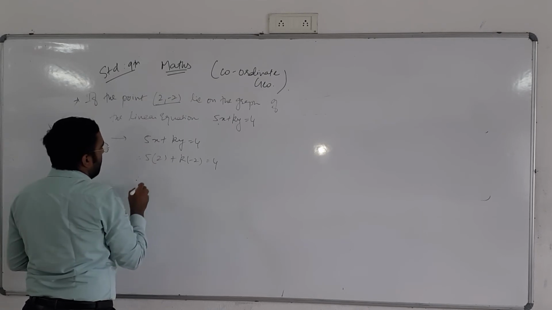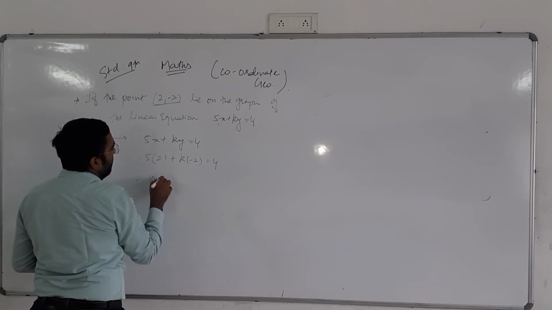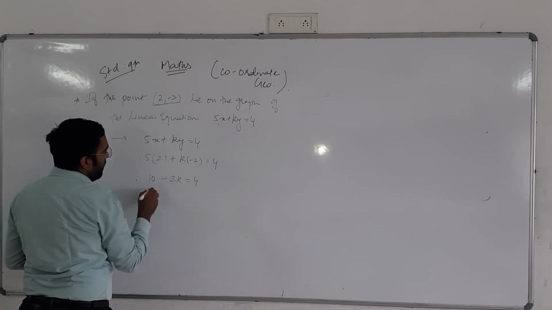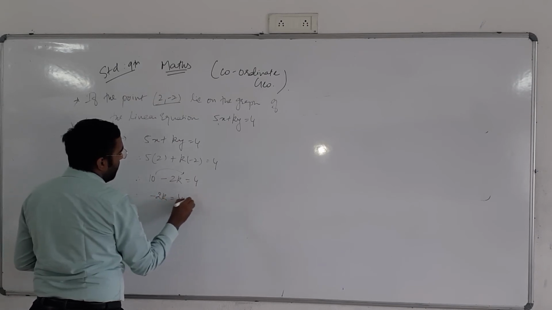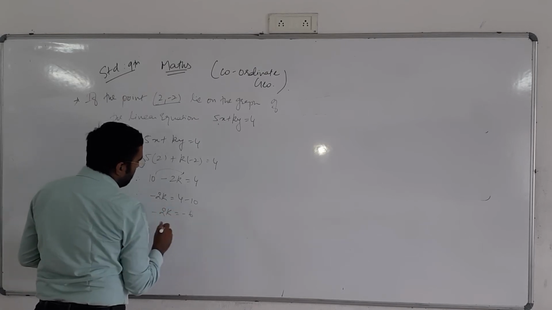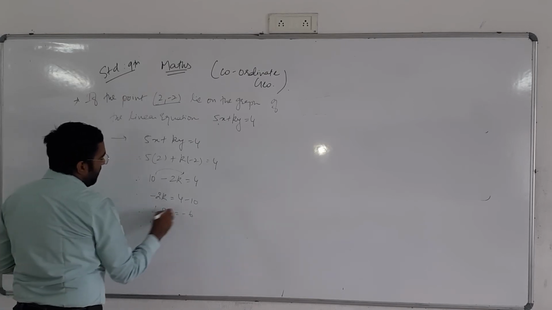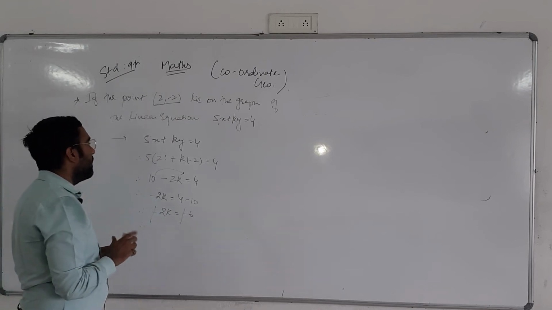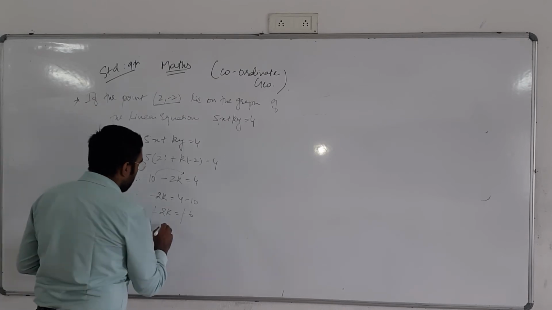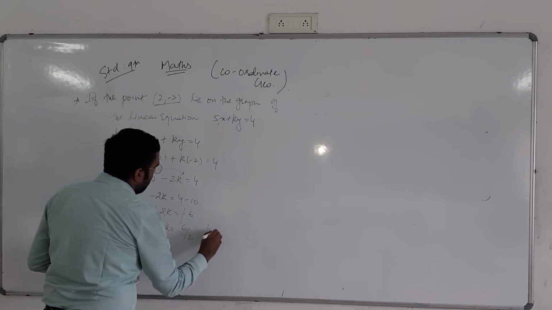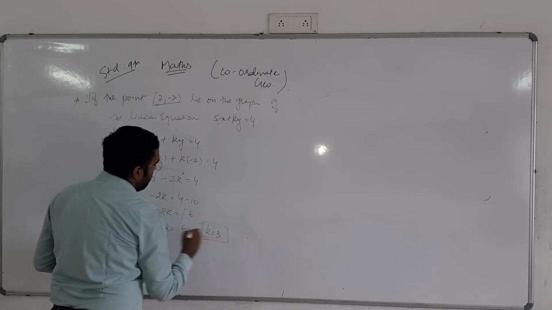Therefore 5 2s are 10 minus 2k equal to 4. Now 10 shifted to the other side, therefore minus 2k equal to 4 minus 10. Therefore minus 2k is equal to minus 6. Minus minus cancel out. Therefore value of k is 6 by 2, that is 3. My value of k is 3.